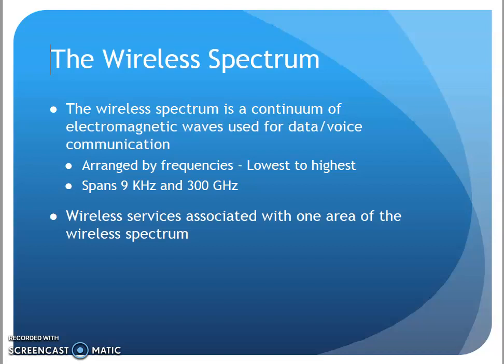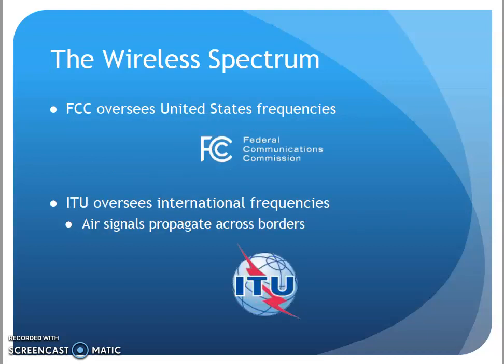So one of the first things they mention is our wireless spectrum. The wireless spectrum has a finite number of frequencies to use for communication purposes. That radio spectrum, that wireless spectrum, spans from 9 kilohertz up to 300 gigahertz that we are focusing on. Any of our wireless communications are going to fall into one slot in that spectrum.